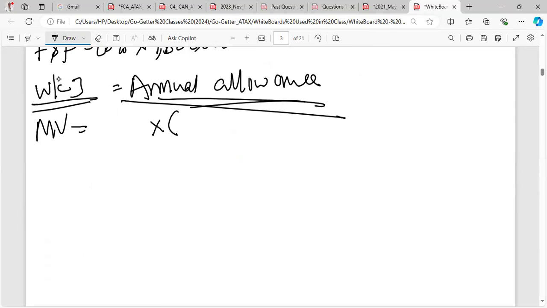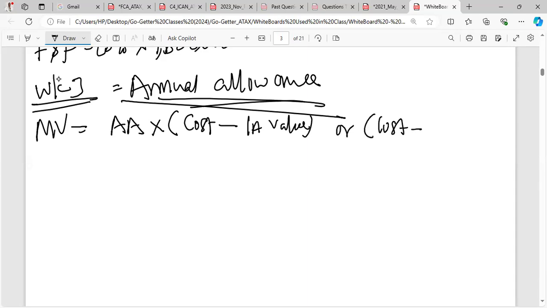You can say annual allowance rate times cost minus initial allowance value, or cost minus initial allowance value divided by number of useful years. Whichever you do, you get the same answer.